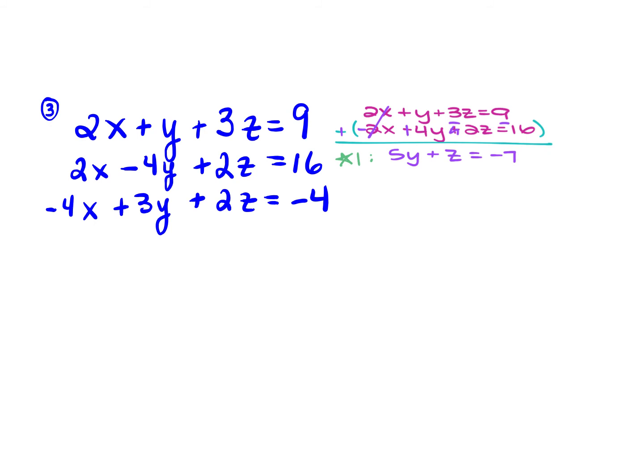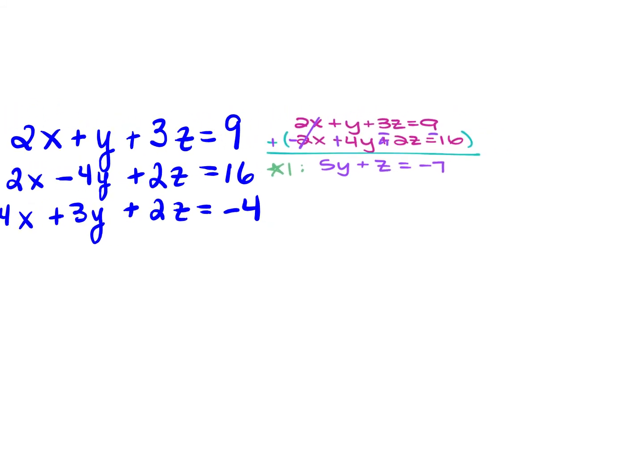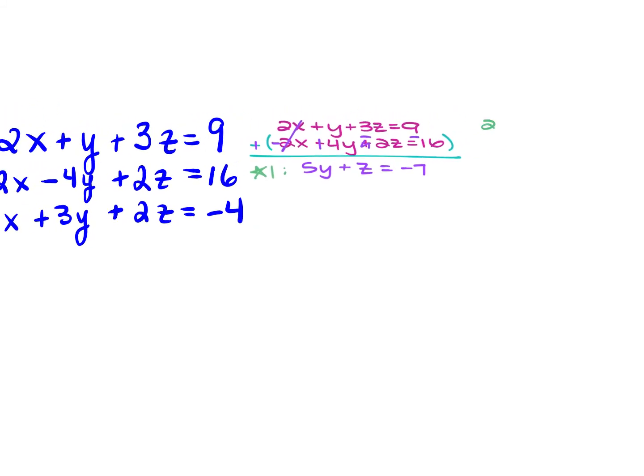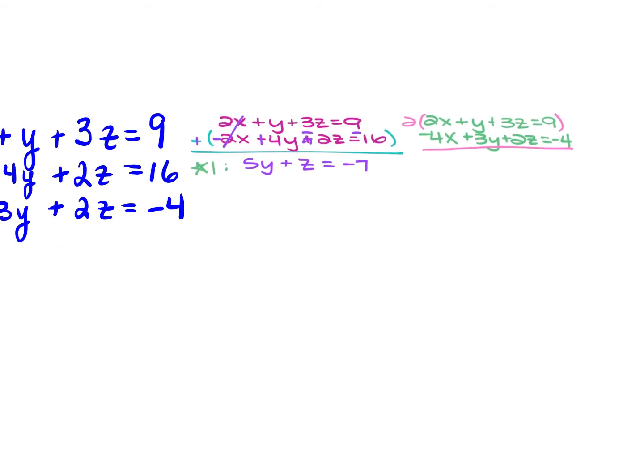Let's use the top and the bottom. So 2x plus y plus 3z is equal to 9, and negative 4x plus 3y plus 2z is equal to negative 4. The top, we're going to multiply by 2 to make sure our x's are opposites of one another.